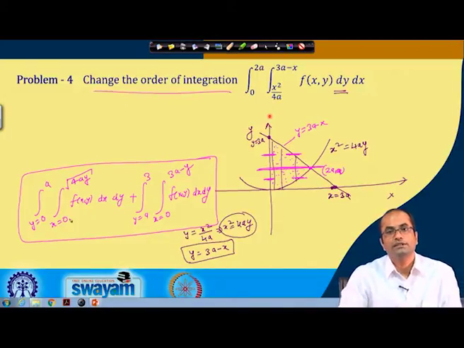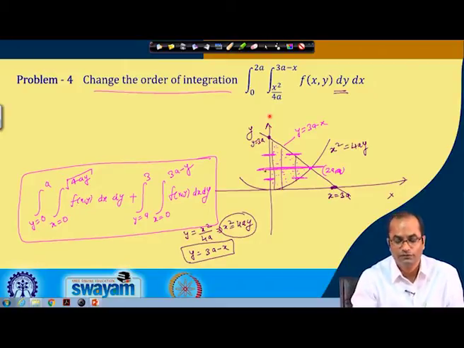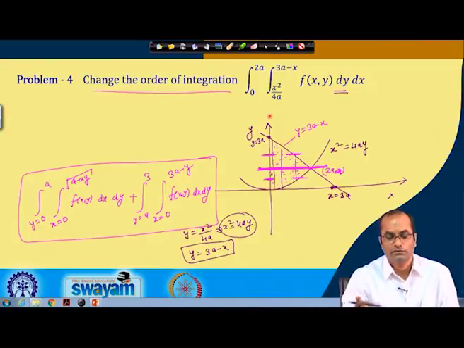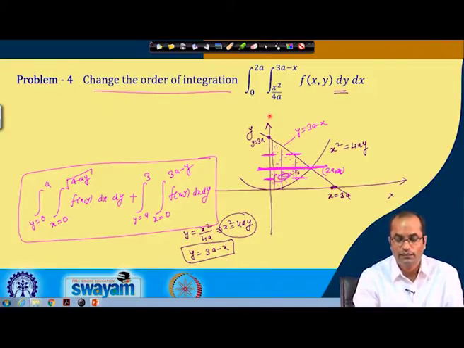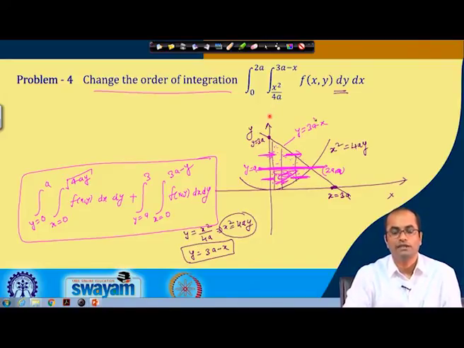We got these two integrals because we need to divide the domain into two parts, because the line parallel to the x axis was not going from one curve to another one. In the lower domain we had x from 0 to the parabola, while in the upper domain, when y is greater than a, it enters again at x equal to 0, but exits now from the line y equal to 3a minus x.